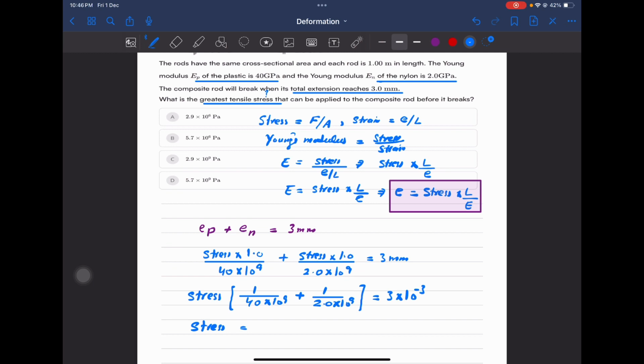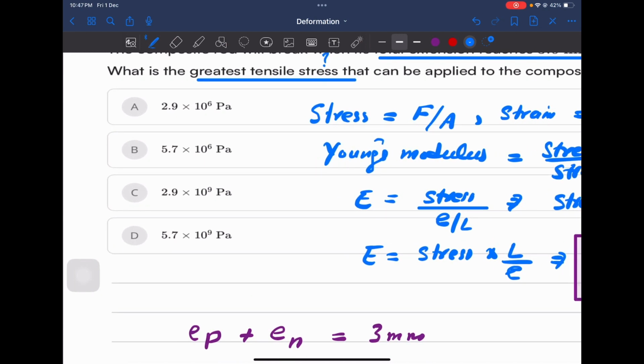You would get 3 into 10 to the power minus 3 divided by this whole value. The final answer we should get is 5.71 times 10 to the power 6 pascals. Looking at the options over here, it is option B.